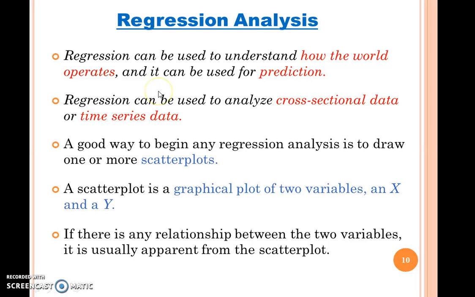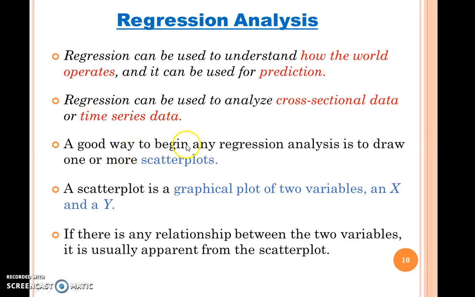Regression can be used to understand how the world operates, and it can be used for predictions. This is the correct definition of regression analysis. Regression can be used to analyze cross-section data and time series data. So, what is regression analysis? What can we do with regression? What are the different types of data which can be used in regression analysis?